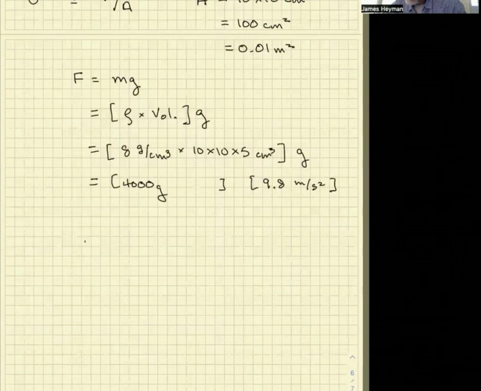All right, so we're just about done. One little pitfall I want to point out to you, you've probably already seen it. Notice that our mass is measured in grams here, but we want to get a force in newtons. So note that 1 newton is 1 kilogram meter per second squared. That is, it's an SI unit. Mass is measured in kilograms. And so we have to convert our 4,000 grams into kilograms in order to get the right answer.